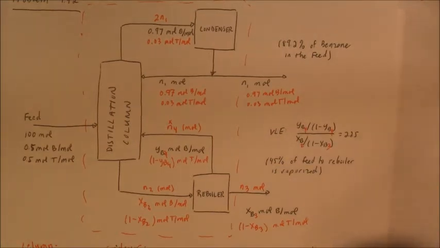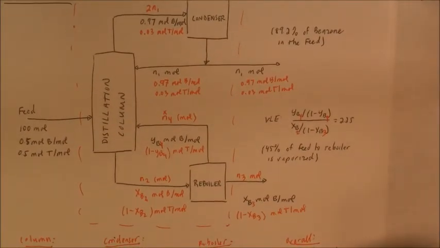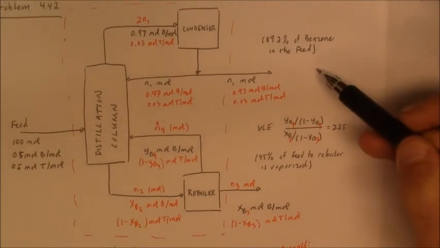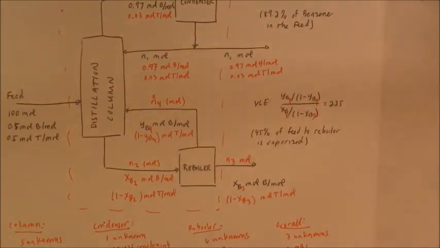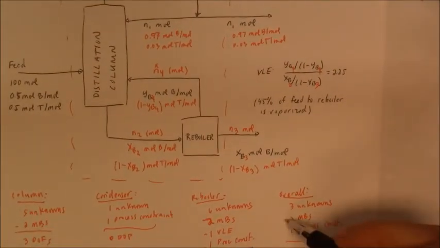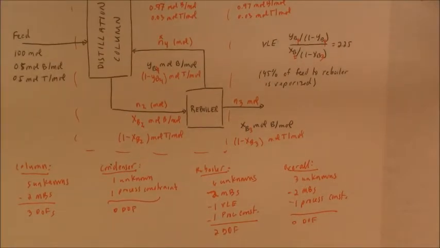So overall, we have 3 unknowns. We have 2 material balances for 2 species, and then we have 1 process constraint based on 89.2% of benzene in the feed coming out up top. So that would give us 0 degrees of freedom. So we can see here that we have some choices in terms of how we would solve this system.